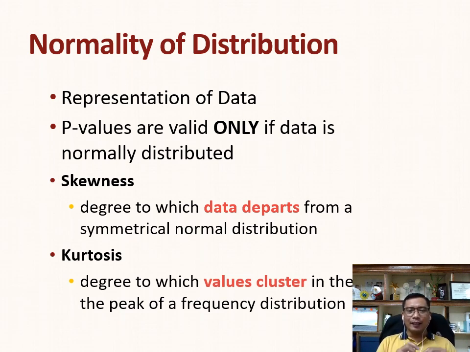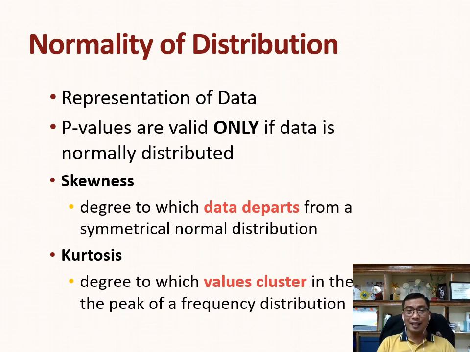When is a certain sample response normally distributed? You think of two things: skewness and kurtosis. Skewness is the degree to which data departs from a symmetrical normal distribution.